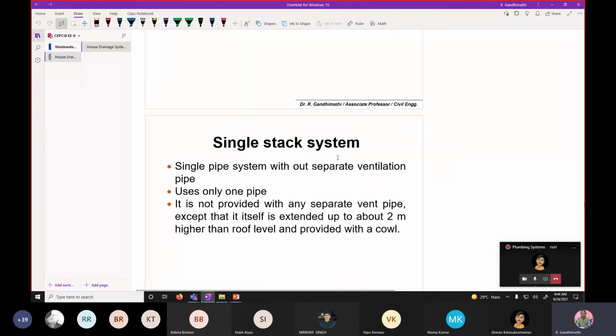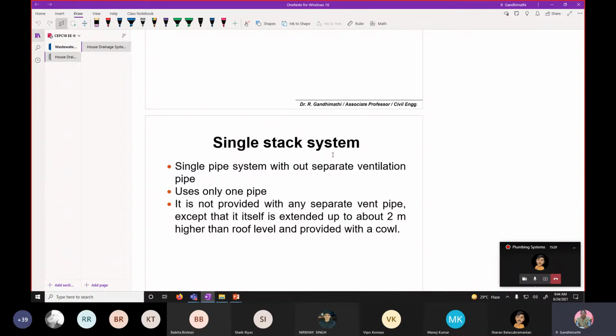Now let's see what a single stack system is. Sullage means especially the wastewater from the bathrooms; kitchens are generally also considered as sullage. Wastewater from the water closets is our night soil. To carry these we usually provide separate pipes, a sullage pipe and a soil pipe.